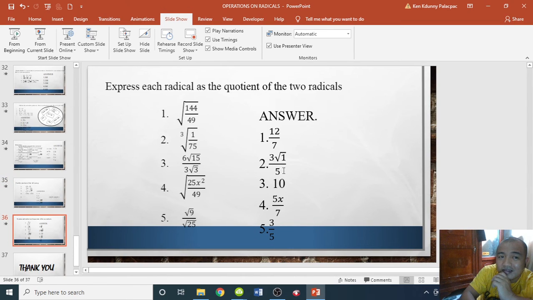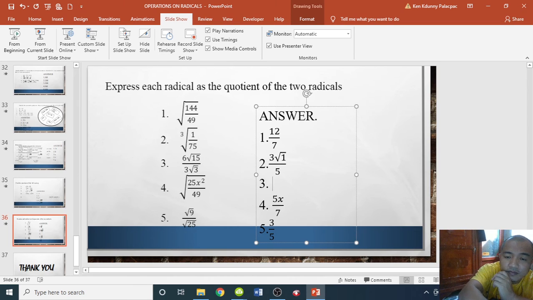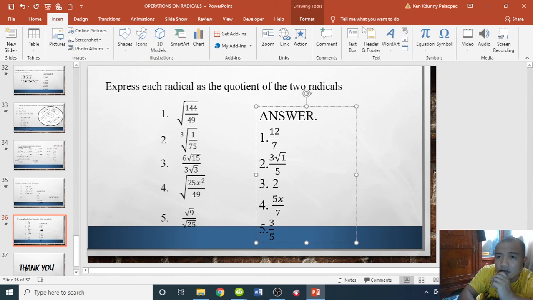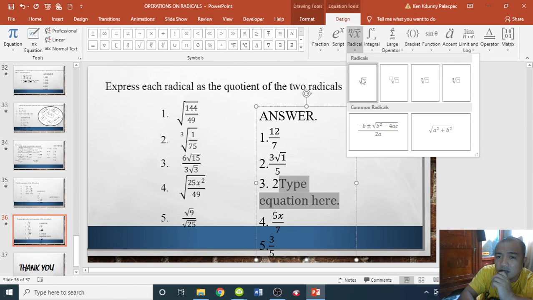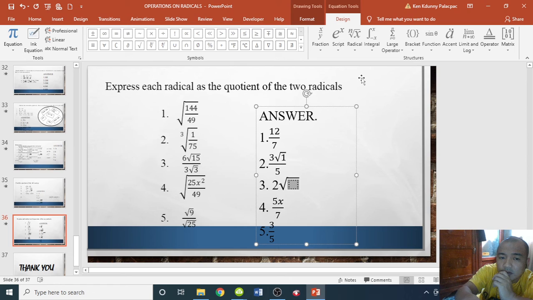Okay, wait. Where were we? Number 3, the answer should be 2 square root of 5. Sorry for our mistakes. At least we're correcting. 2 square root of 5 should be the answer in number 3.